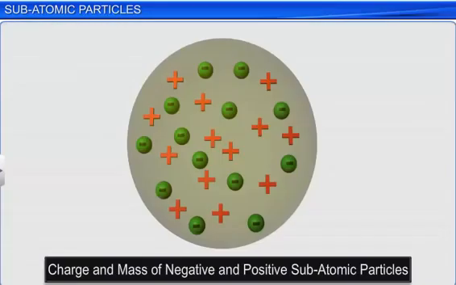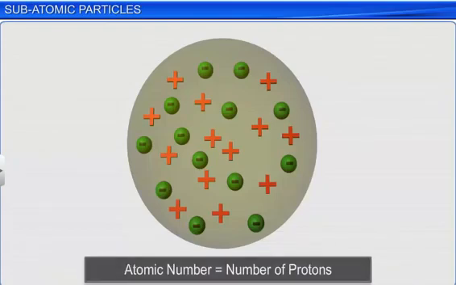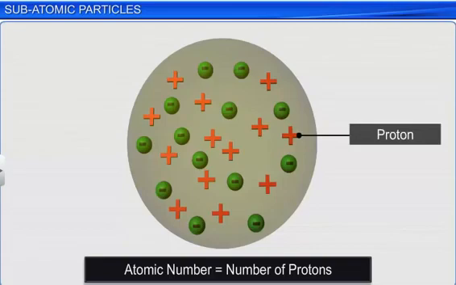By 1913, after performing a considerable amount of research on the charge and mass of negative and positive subatomic particles, scientists tried calculating the atomic mass. It was determined that the atomic number of an element is equal to the number of protons present in its nucleus.